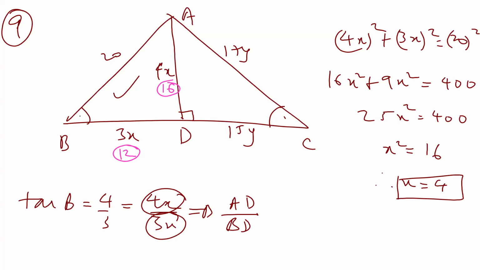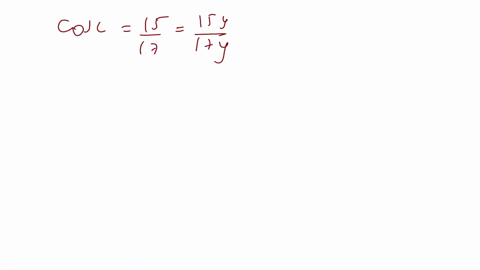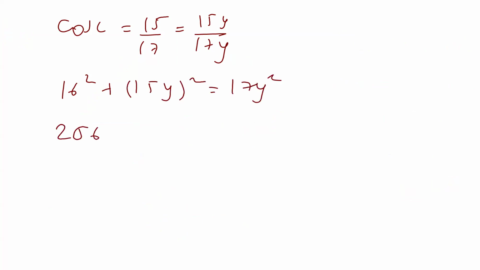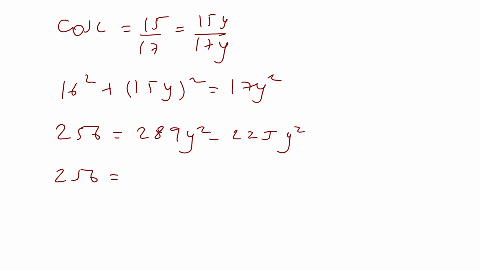So 16 square, this is 16, right? 16 square plus 15y the whole square equal to 17y the whole square. 256 plus 225y square equals 289y square. 256 is equal to 64y square. So y square is equal to 4. So y is equal to 2.